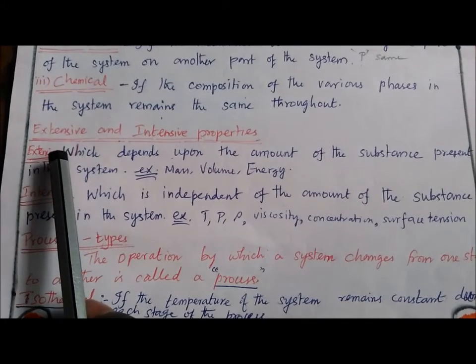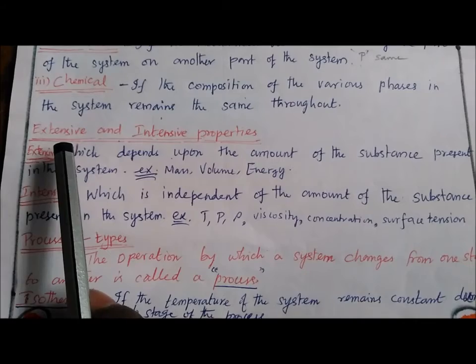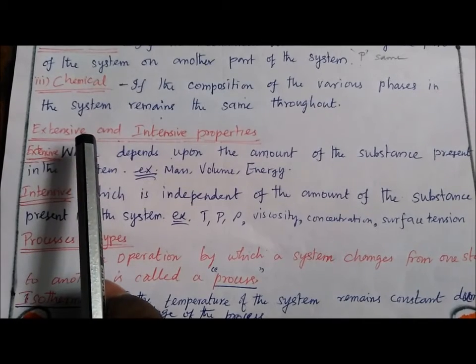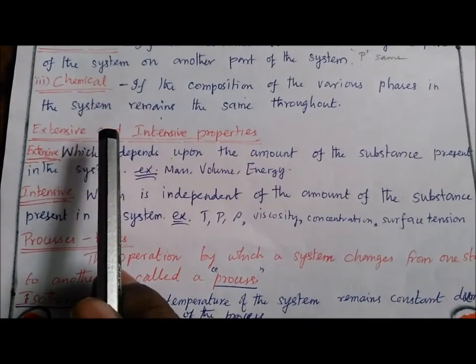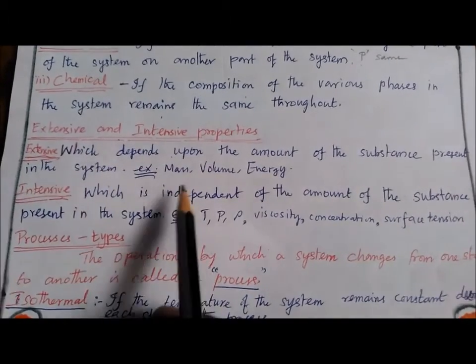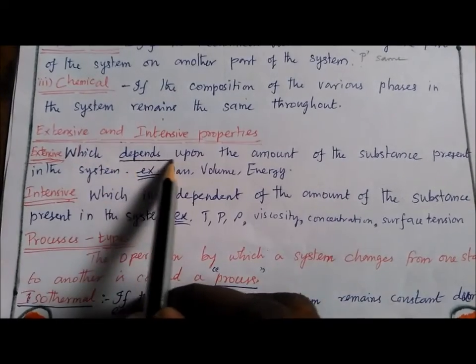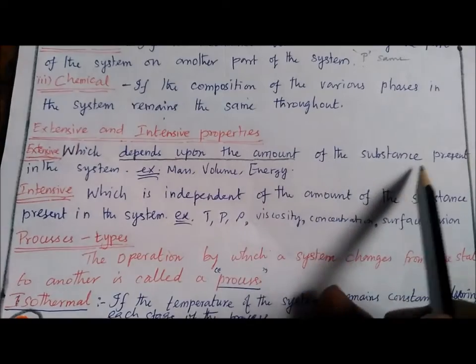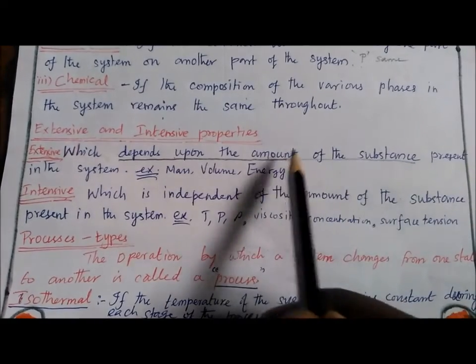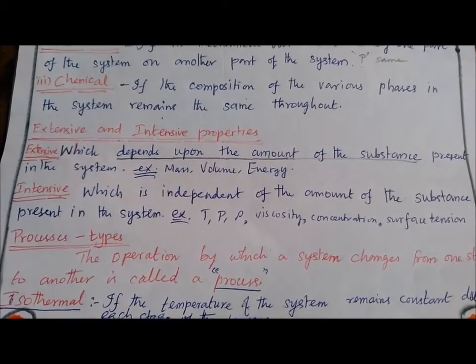An extensive property of a system is that which depends upon the amount of the substance or substances present in the system. Examples are mass, volume and energy, which depend upon the amount of the substance. That is the main thing, the amount of the substance present in the system. These are called extensive properties.